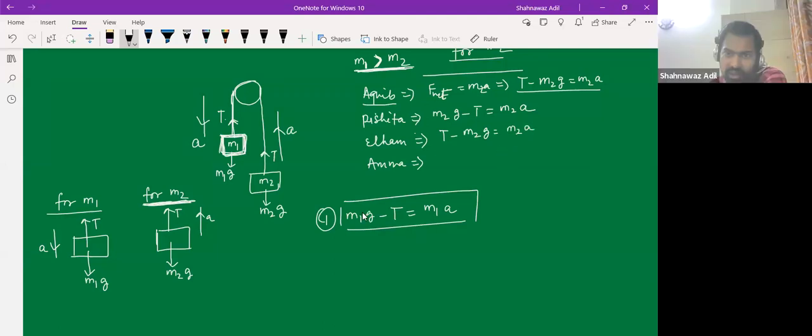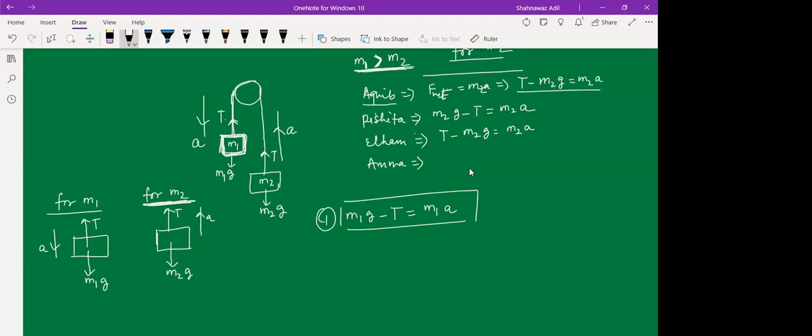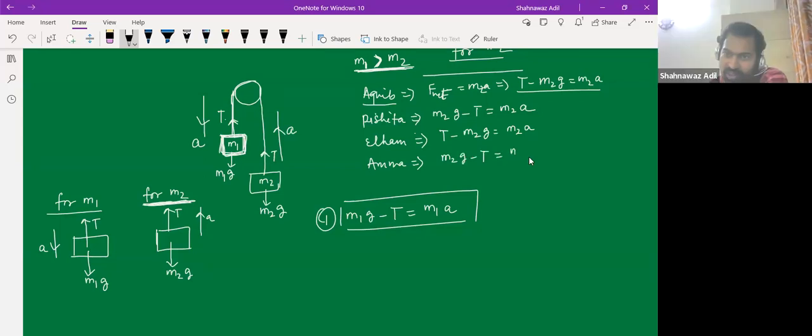Okay, and Amna, what about your answer? m2g minus T is equal to m2a. Okay, so we have the same vote, right? So you guys have a draw. So which one is correct?